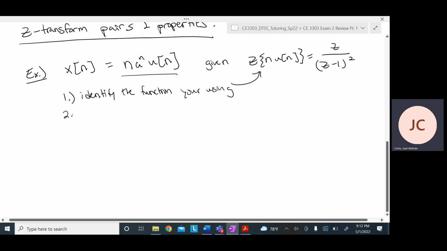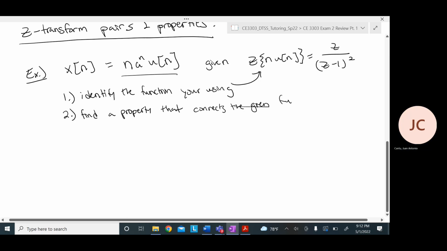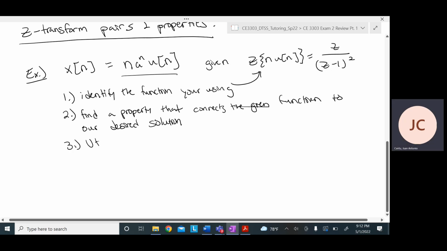Two, you're going to find a property that basically, we'll call it, connects the given function to our desired solution. And then we will utilize that property.